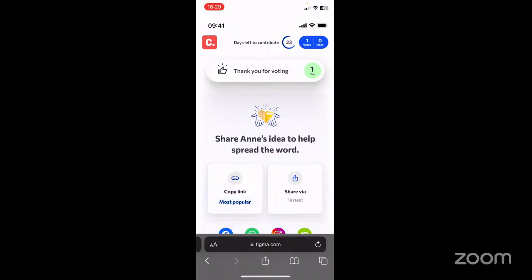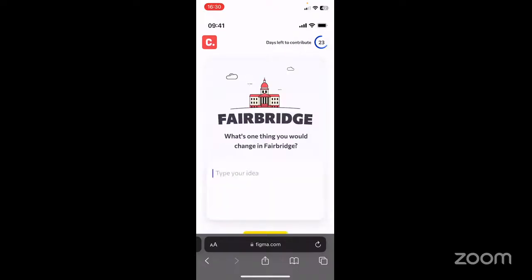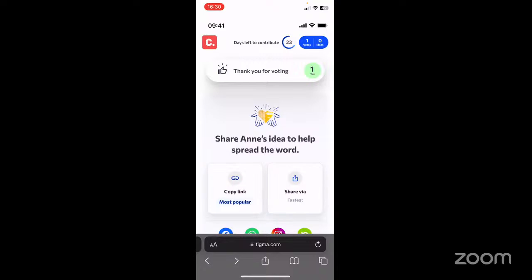Yeah. And you mentioned wanting to look at other ideas. What would you do from here in order to do that? I think I would either click the logo to go back to the main page, or I would try to click the blue pill on the top right to see if that leads me to a list of ideas or something.